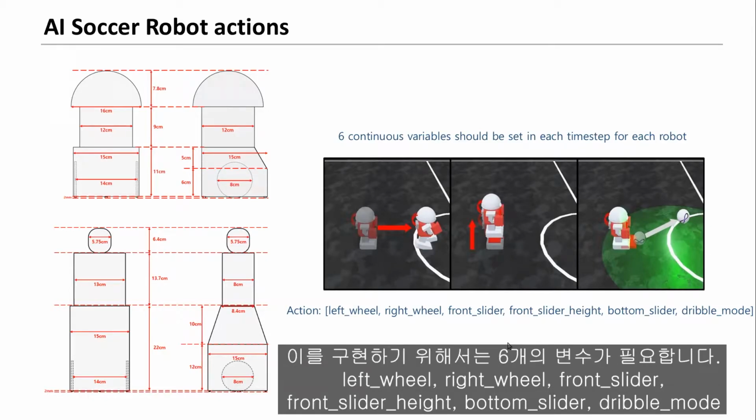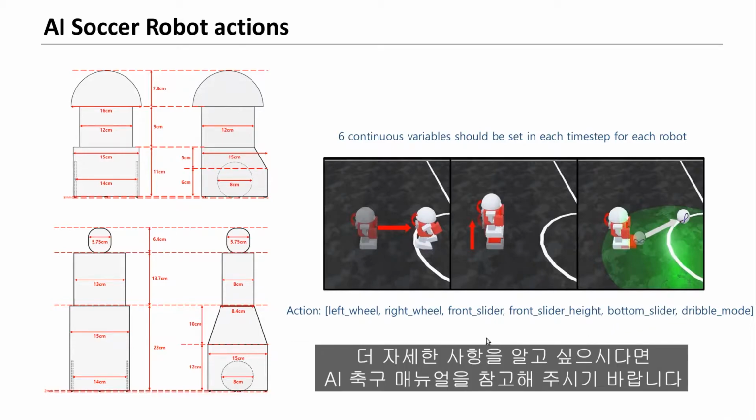In order to achieve that, the 6 variables are the left wheel and the right wheel of your robot, because the robot uses differential wheels, 2 wheels to move throughout the field, the front slider, the height, the bottom slider, and the dribble mode. So you should set the 6 variables to control your robot. You can get more details regarding these actions in the AI Soccer manual.